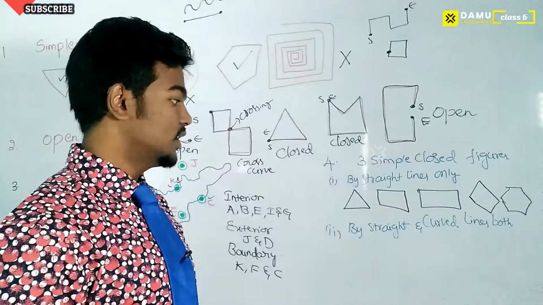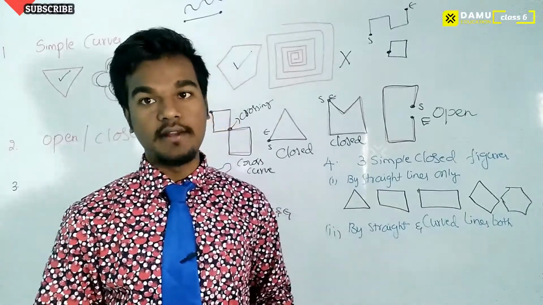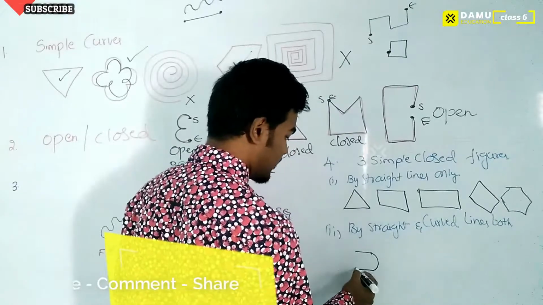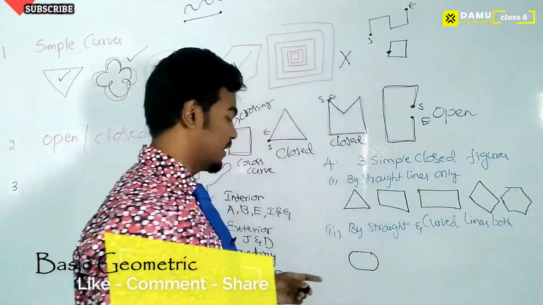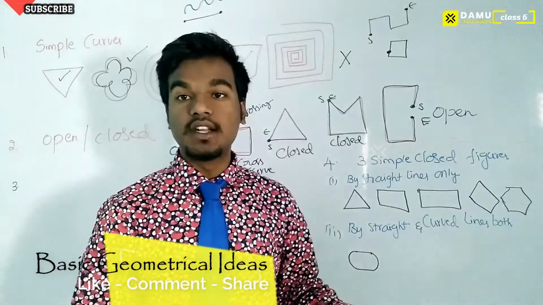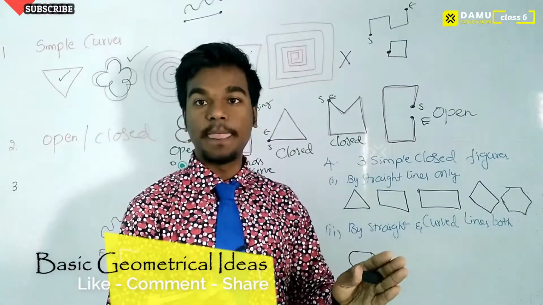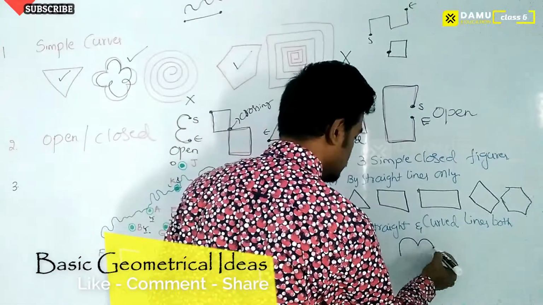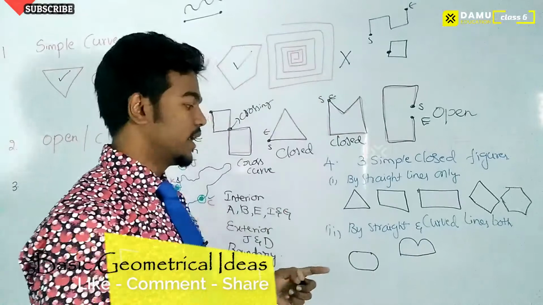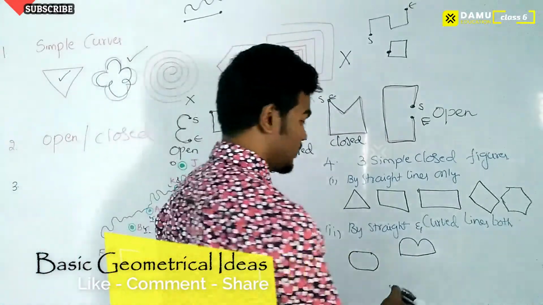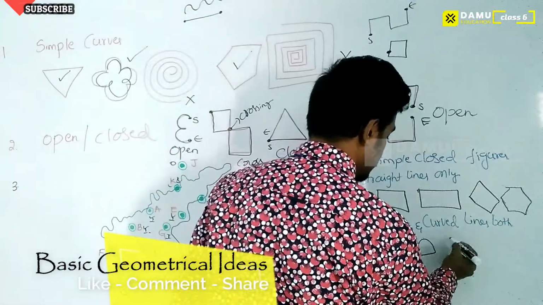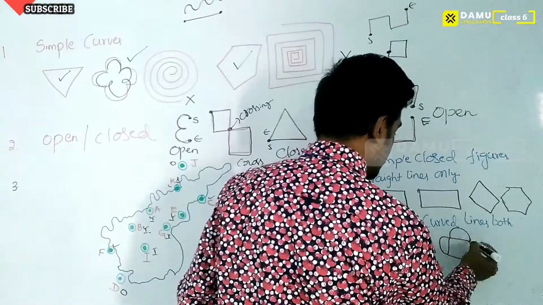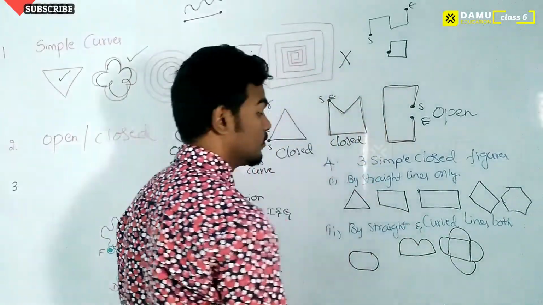Next one, where you have to use both straight lines and curved lines. You can draw like this, like a tablet, enclosed with some curved shapes and straight lines. It looks like one closed figure. Then you can draw like this, like that also.